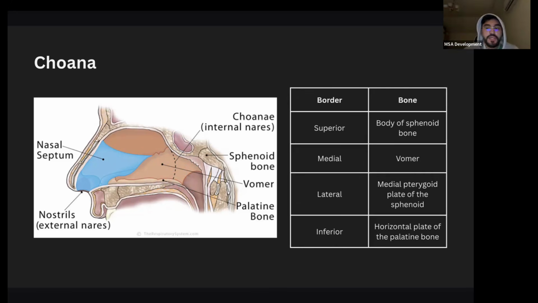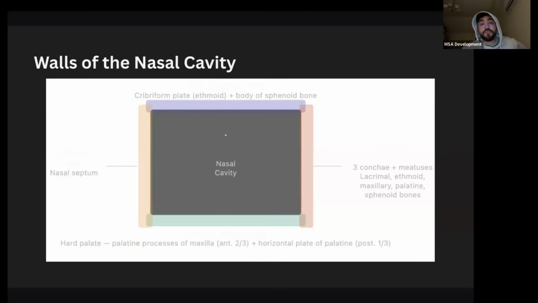Yeah. Then you'll have the walls of the nasal cavity. Now, this is really high yield. This is very important. So, regarding the nasal cavity, all right, first of all, we will start with the medial wall. So, the medial wall right here, you're going to have the nasal septum. And then laterally, you're going to have the three conchae that we've mentioned, the meatus as well, and all the different bones that contribute to the nasal structure. And then superiorly, you're going to have the cribriform plate and the body of the sphenoid bone.